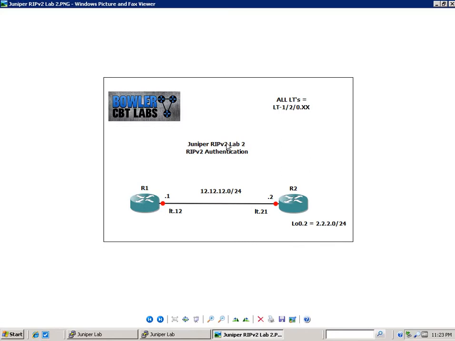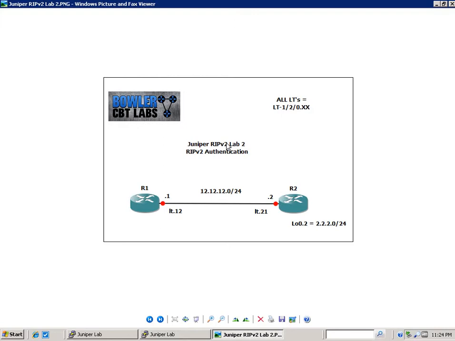With simple authentication, we are going to authenticate our RIP neighbors. However, this authentication method is going to be plain text.